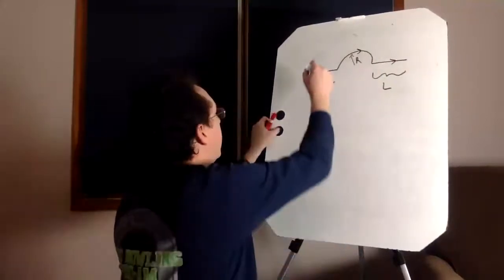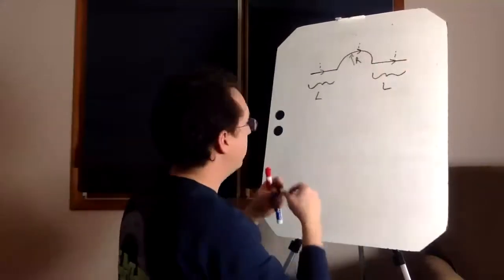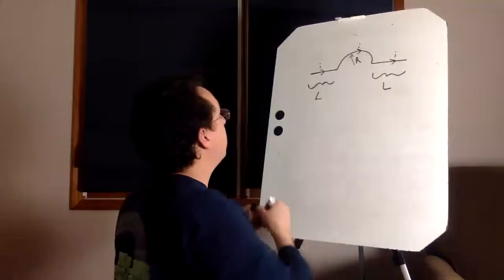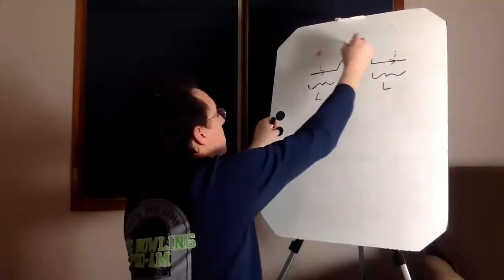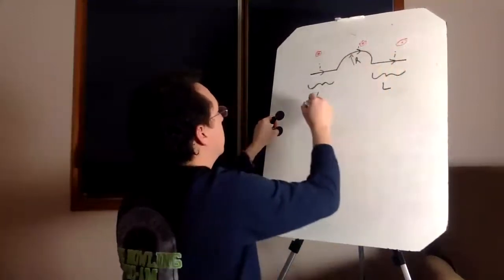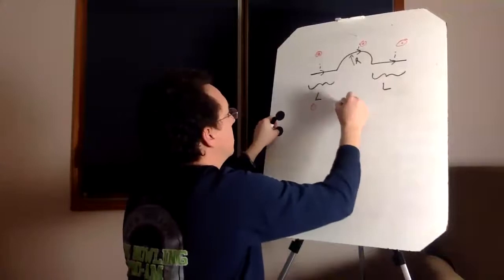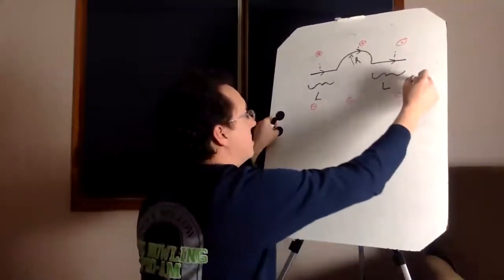So we have current I. And we're going to go ahead and say that the magnetic field is into your eye. And we're going to assume that the magnetic field is constant.